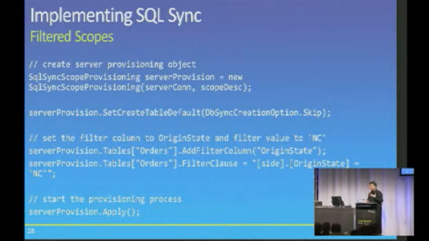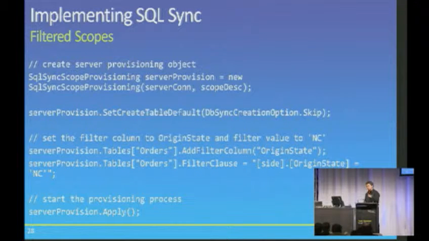And so it will only synchronize the rows in the table that have that particular value, NC. So this example is sales reps. This sales rep only works in this particular state. We only want to give them information about this particular state. Server provision.apply. So that's row level filtering.